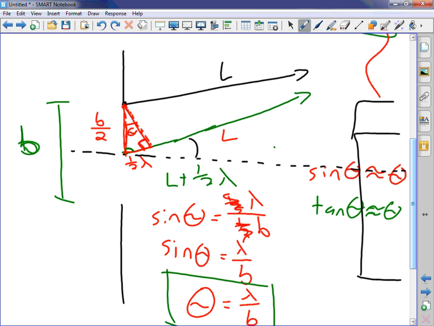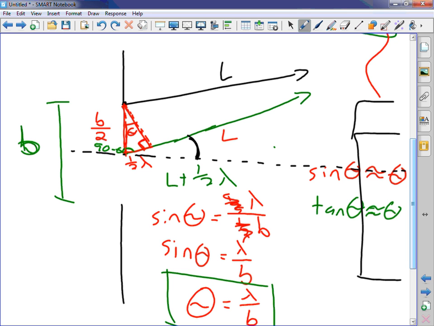A triangle has 180 degrees in it. One of those angles is 90 degrees, making that little angle in green that I drew right here 90 minus theta, if we're dealing with degrees here. Okay? If that's 90 minus theta, what is that?